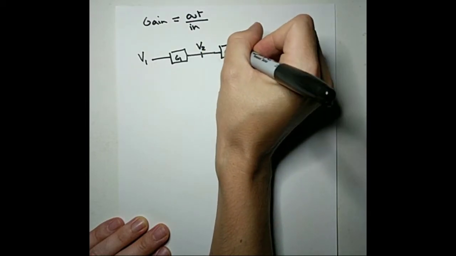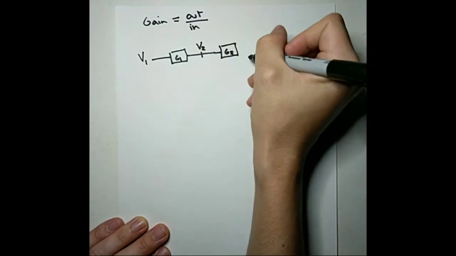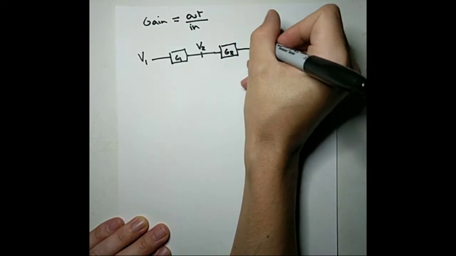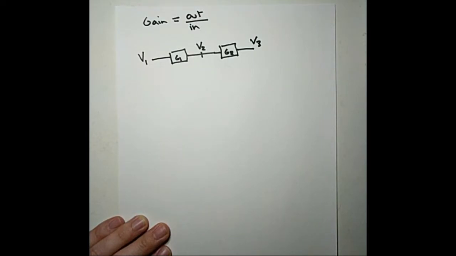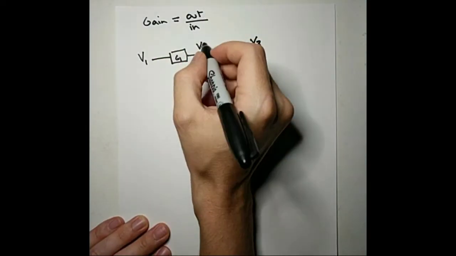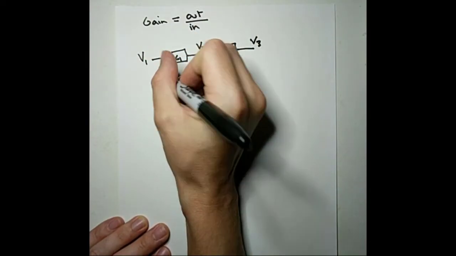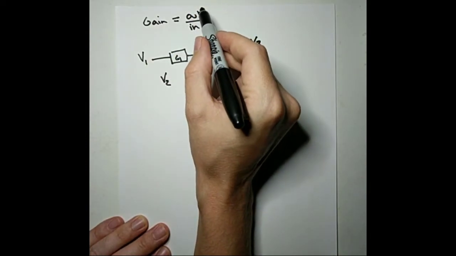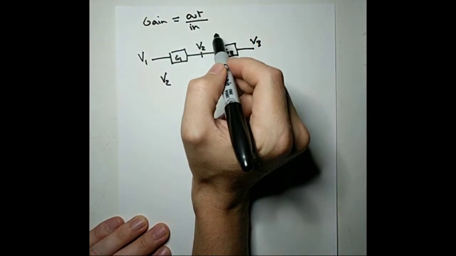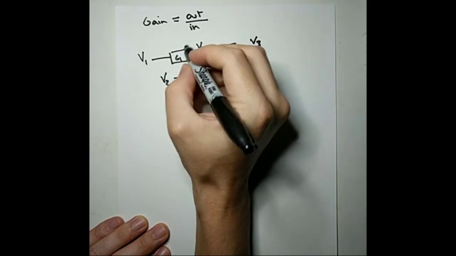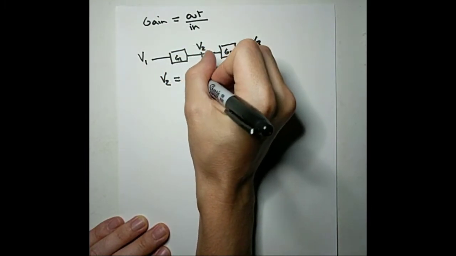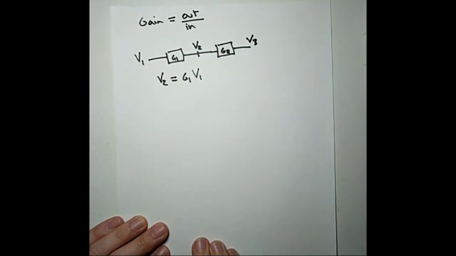And then we have some other element with a gain of G2, and then after that we're at voltage V3. So V2, because our gain is the ratio of the output to the input, we can say that V2 is the gain of this element times the voltage you put into it.